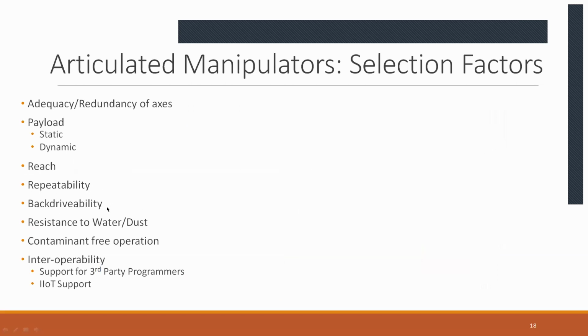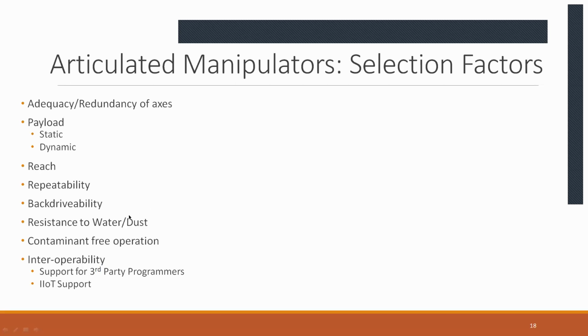And as for back drivability, I've already described it. It's the feature that decelerates the robot on collision and so on. And these are industrial robots that we are talking about. So they need to be resistant to water or dust. Particularly if a robot is doing powder coating, it definitely needs to be dust resistant.